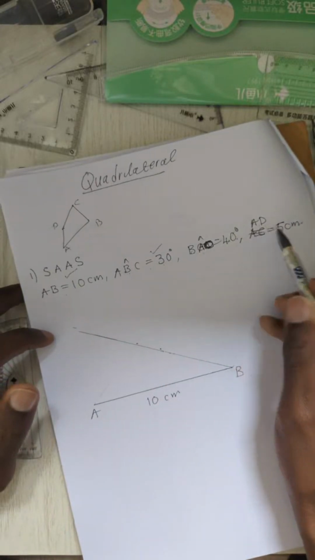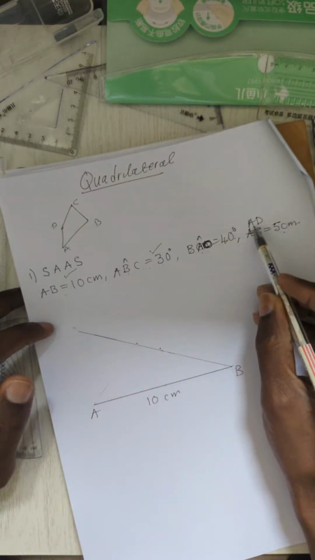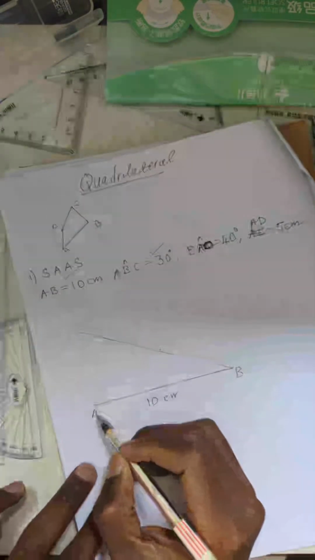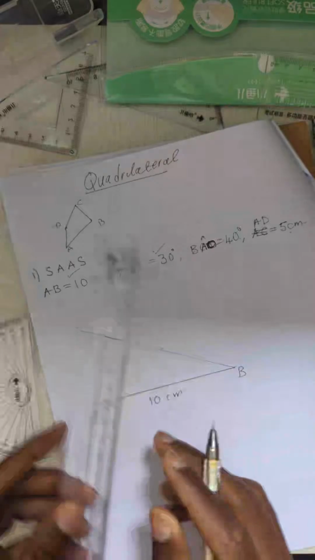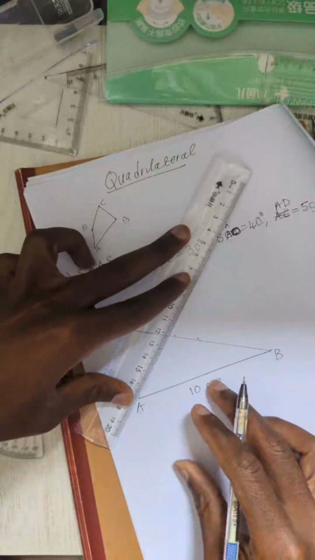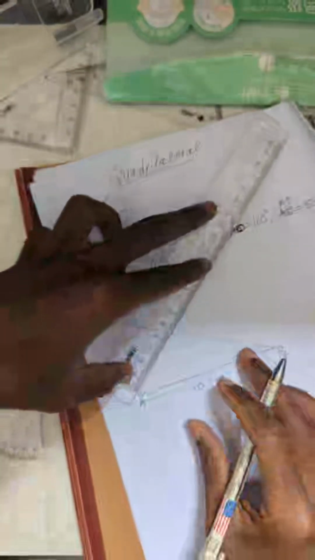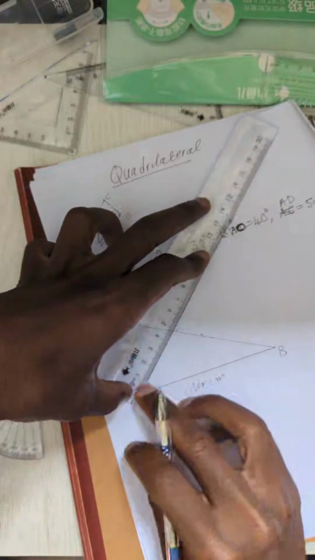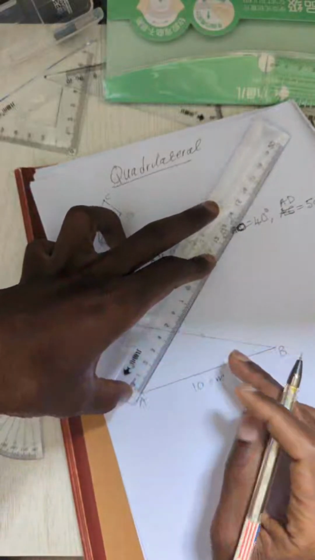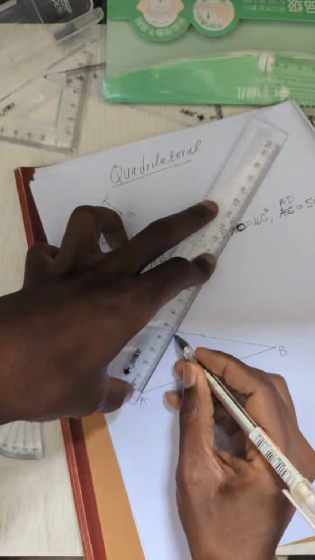AD is 5 centimeters. From A to where D is, it's 5 centimeters. So from 0, we need to measure 5 centimeters. We know that D is somewhere along this line.